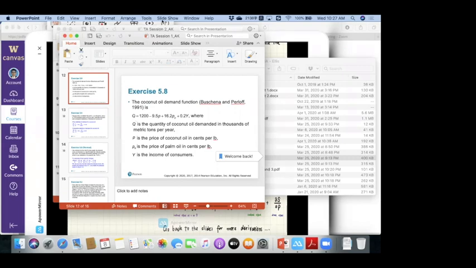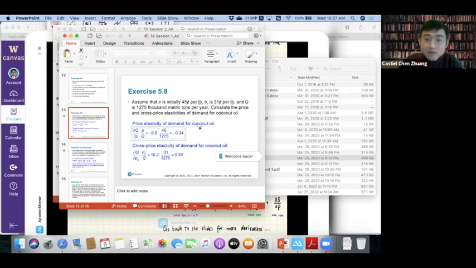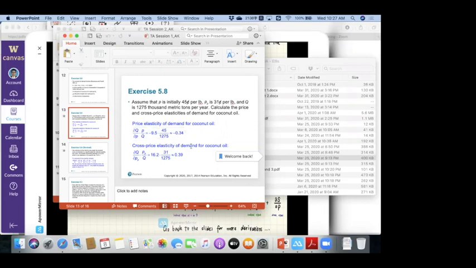I had a question. For the tomato question, tomato and tomato paste, the answer you got was negative 0.2. I understand why you got negative 0.2, but I don't really get all of the work that you showed. Oh, you mean how to get this? No, for the tomato question.